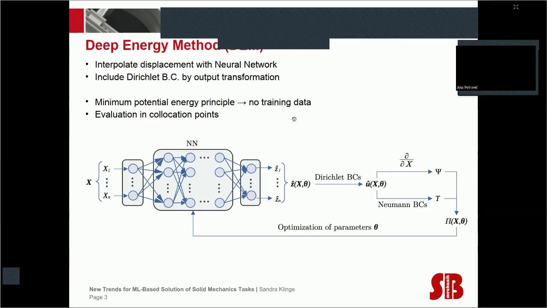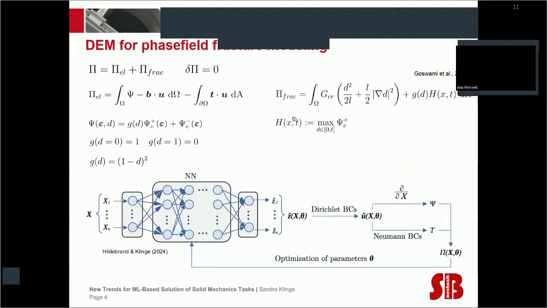So obviously, if we have some material or a kind of deformation which can be described by some potential, then we can couple two of them. And one possibility is, of course, to couple the deep energy method to the so-called phase field method, which has been used recently for modeling of damage.